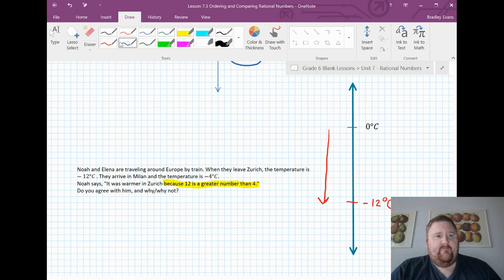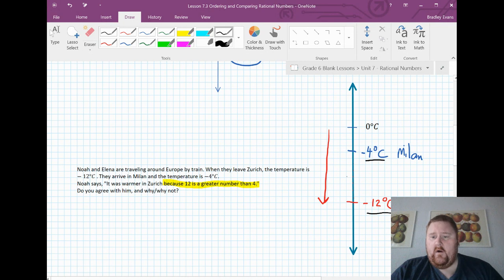They arrive in Milan and the temperature is negative 4 degrees. So let's go down 4. 1, 2, 3, 4. And right here is Milan at negative 4 degrees Celsius. Now, Noah says that it is warmer in Zurich because 12 is a greater number than 4. Is he correct? Well, no, Noah is not correct. Negative 12 is actually colder than negative 4.